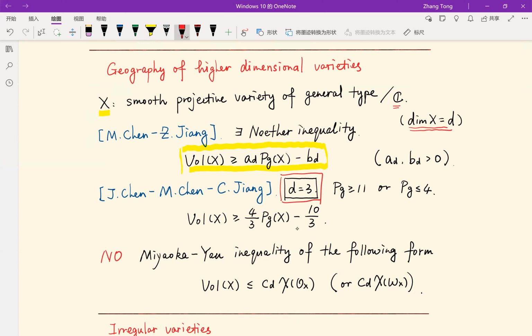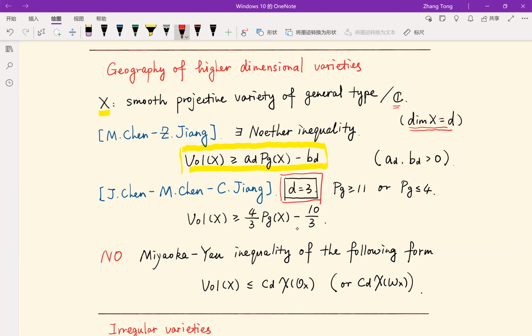Suppose you have a threefold X of general type defined over complex numbers, and you put some constraint on the geometric genus, and this constraint is very mild, I think.